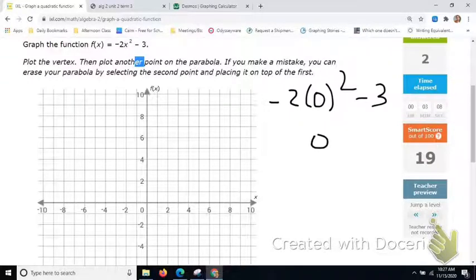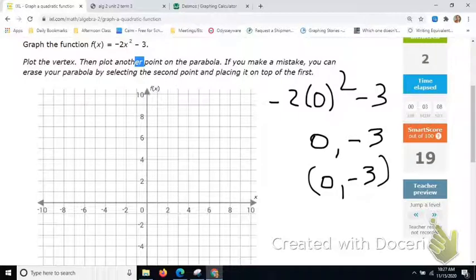You would get 0, and then 0 minus 3, our ordered pair would be 0, negative 3. That's going to be my vertex. So when there's no x, but there is a c, that's the y of the vertex.